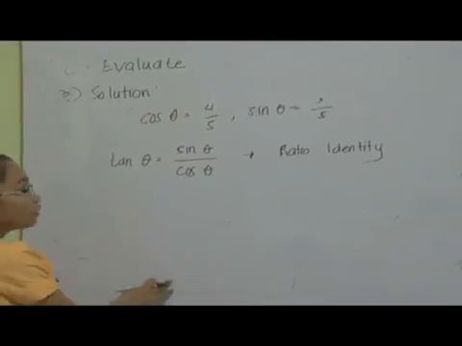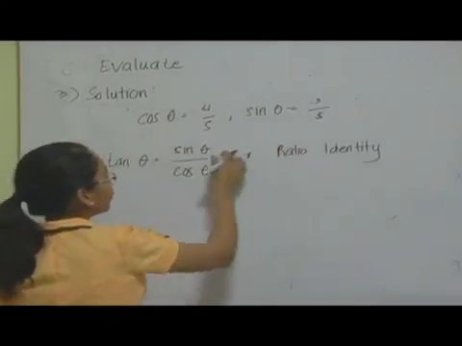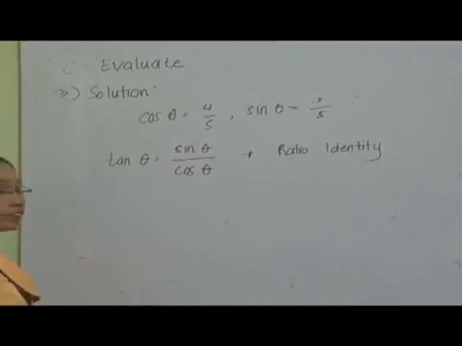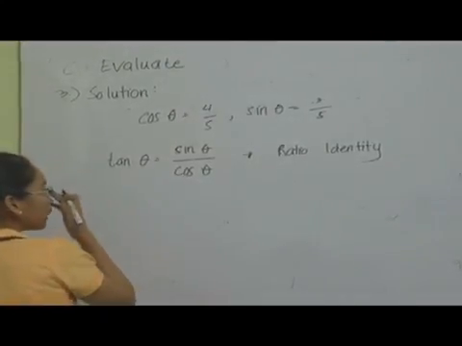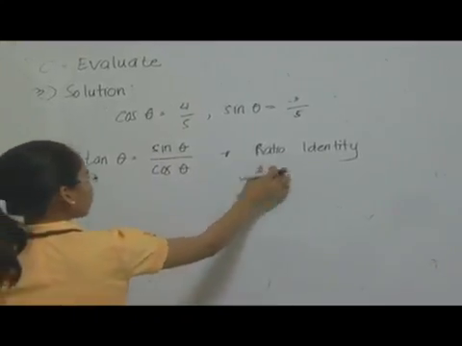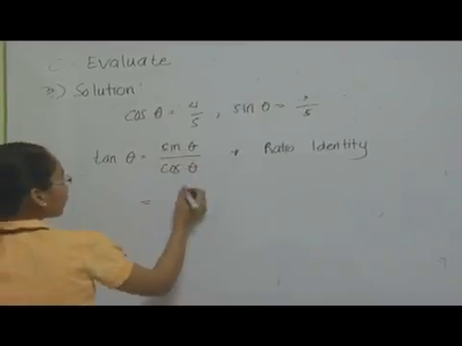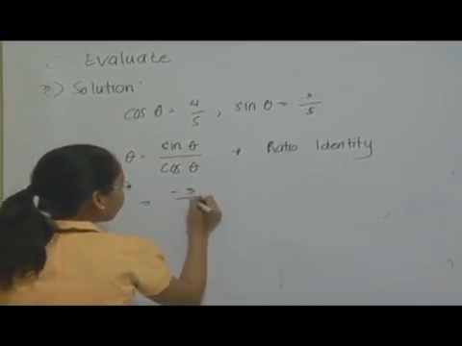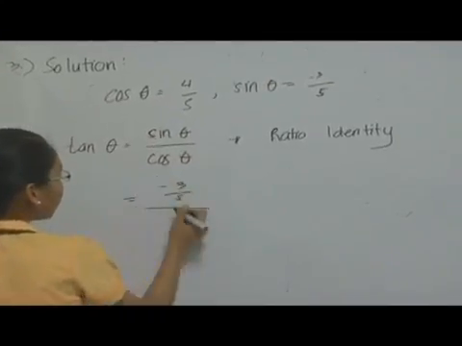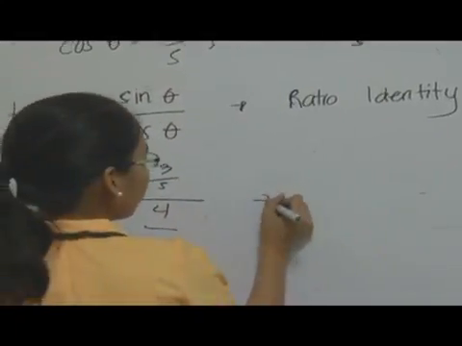Since we have already the value of the cosine theta and the sine theta, we can now get the value of the tangent theta. Tangent theta is just equal to sine theta over cosine theta. That is a ratio identity. Then the value of sine theta is negative 3 over 5 over cosine theta, which is 4 over 5. Simplify.